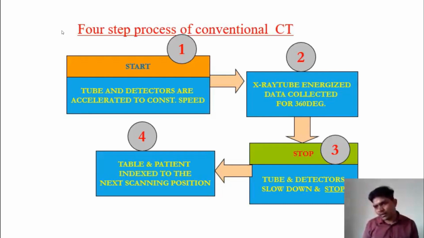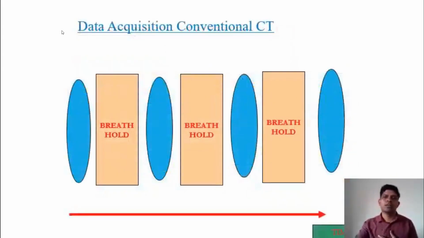In the third step, the tube and detector slow down and stop after completion of collecting data, as X-ray passes through the patient and hits the detector. In the fourth step, the scanning data is processed. So here you can see how conventional CT started.